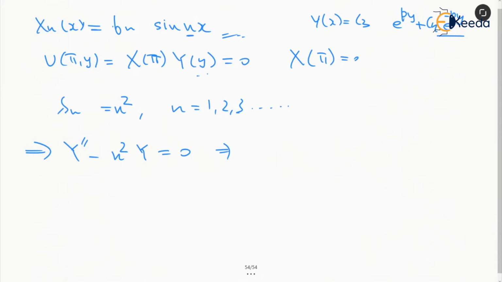So in that case, we can take y as, let's say, cn cos h ny and dn sin h ny, right? Instead of e to the power x and e to the power minus x, we are taking hyperbolic functions. Now we can again go for the boundary conditions.